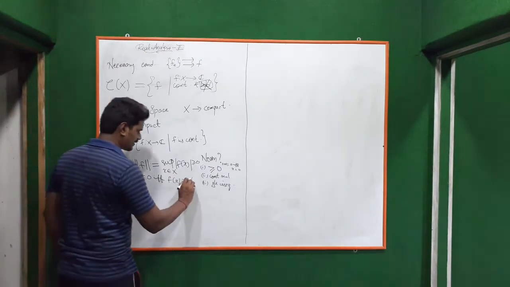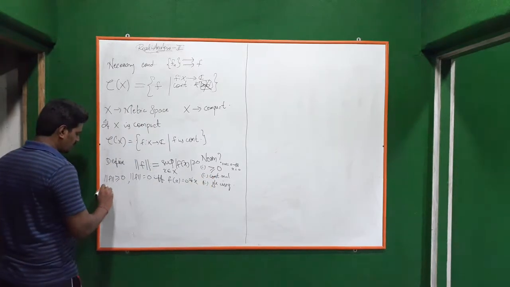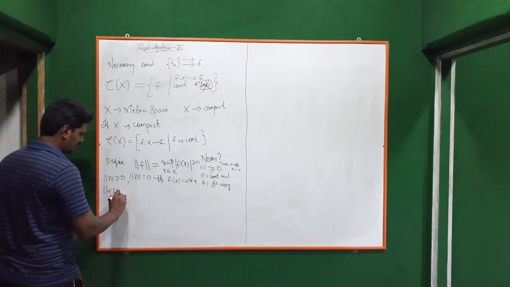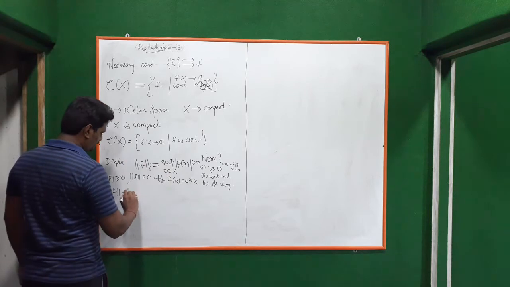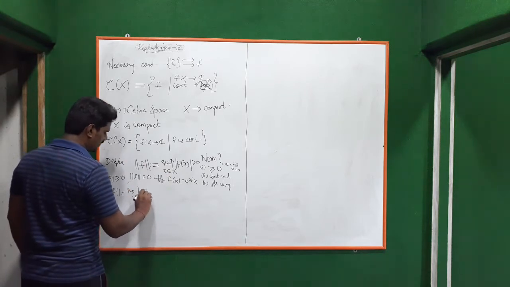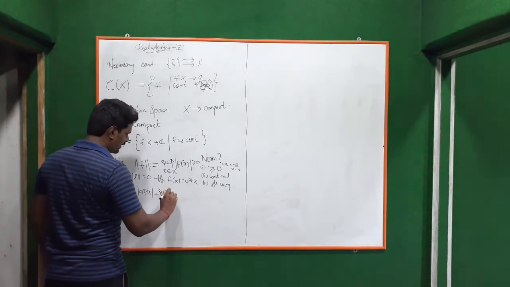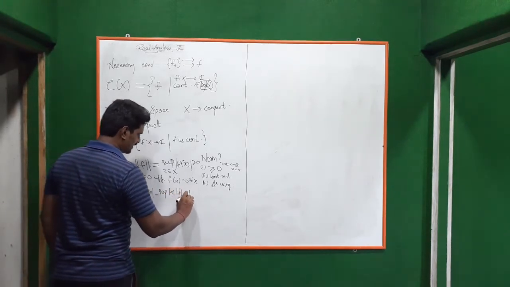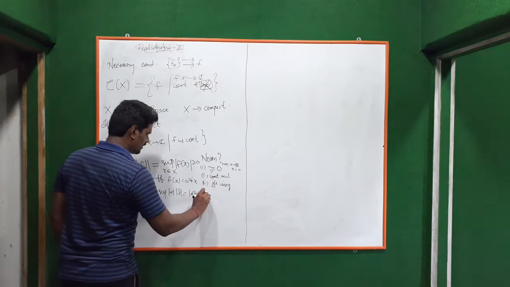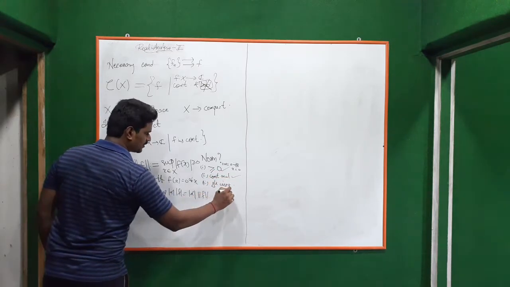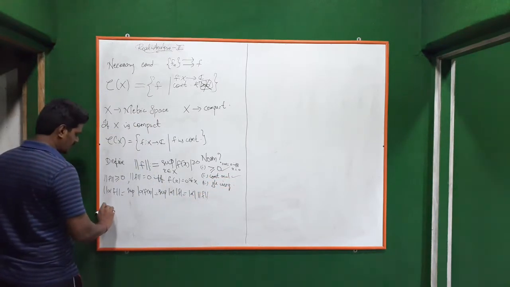Constant multiplication: norm of alpha f is the supremum of mod alpha f of x, which is nothing but the supremum of mod alpha into mod f, which is mod alpha times the norm. This is true.